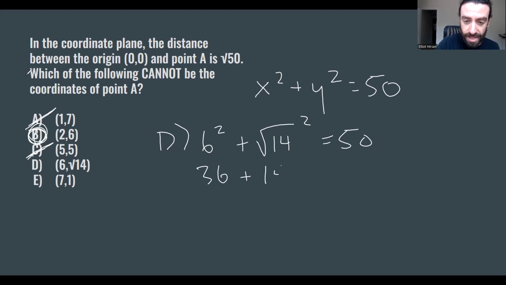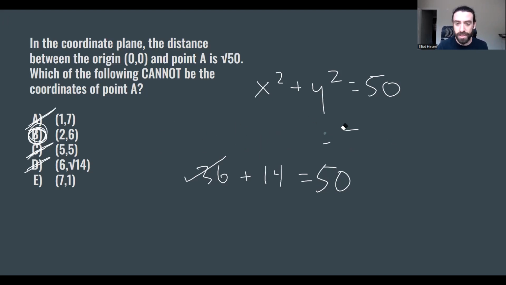Those two symbols basically cancel each other out, and we're just left with the number under the radical. Does 36 plus 14 make 50? Yes, it does. So again, that satisfies the equation. So 6 and the square root of 14 could be the coordinates of point A, meaning on a cannot-be question, this is the wrong answer.